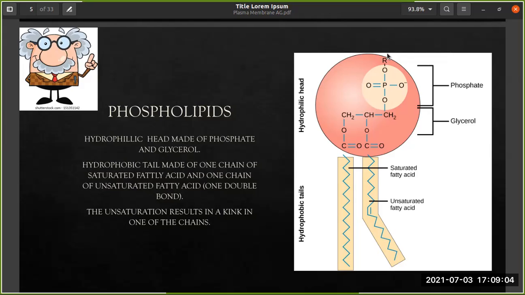This R can be ethanolamine, serine, inositol, or phosphatidic acid with an H. Any of these compounds can be in the place of R. So the hydrophobic tail is made up of one chain of saturated fatty acid and one chain of unsaturated fatty acid. The unsaturation results in a kink in one of the chains.